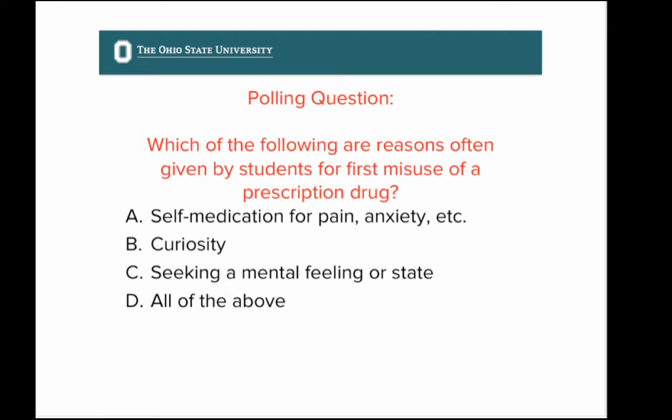For people who take the drug out of just curiosity, or for people who are seeking a particular mental feeling or state because others, friends or neighbors or internet sites, have told them that this would be something desirable, there are some interesting studies relative to these concepts.